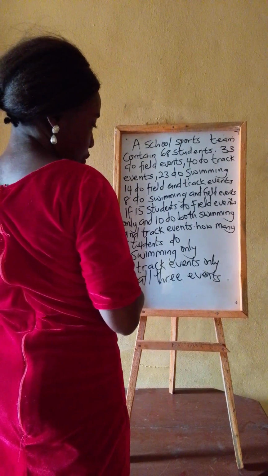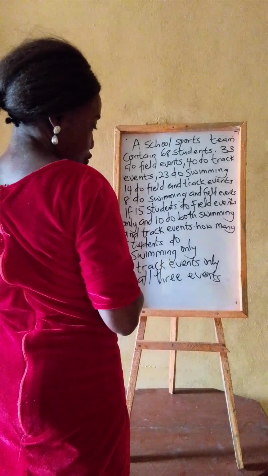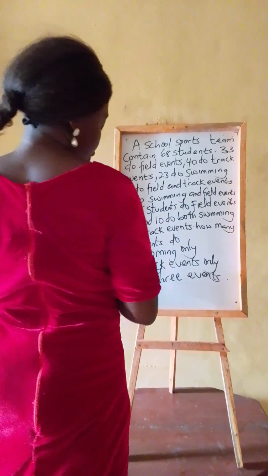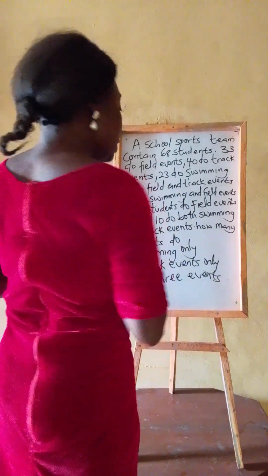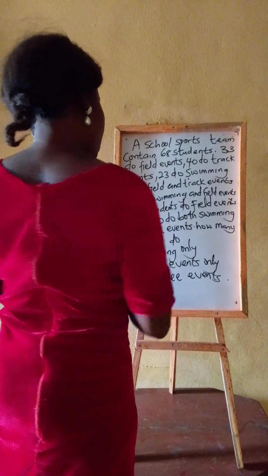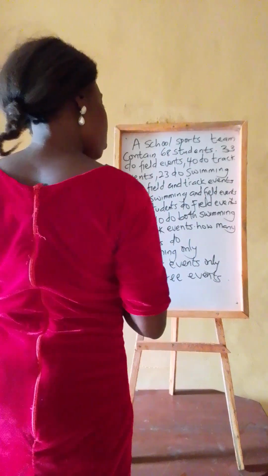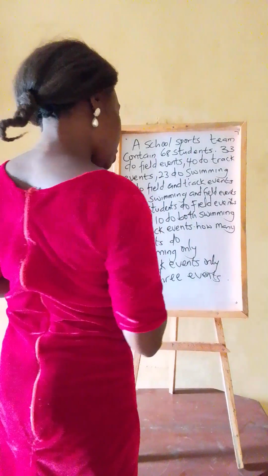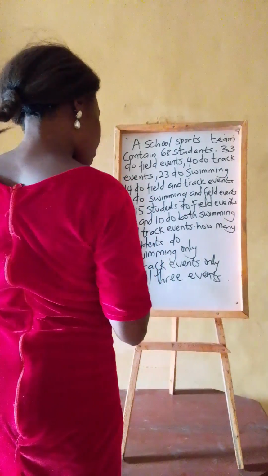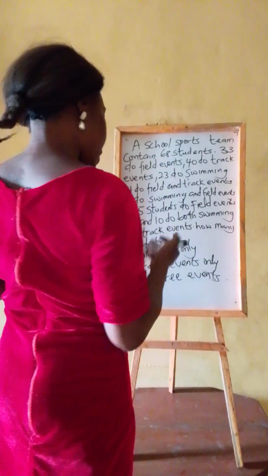Afterward, we use the Venn diagram to represent it. You can actually try this. It's close to the one we did earlier. Remember, take notes.